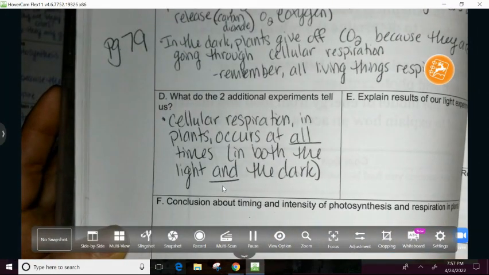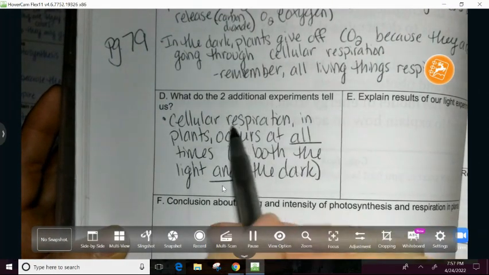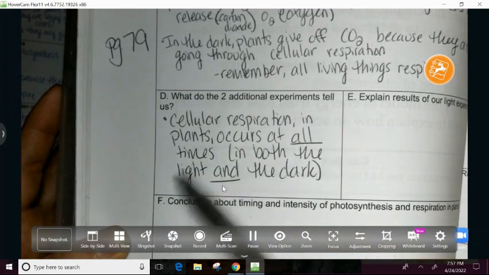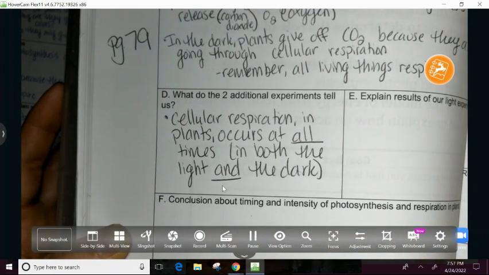And it occurs in both the light and the dark. So cellular respiration does not depend on light. It can happen at all times.